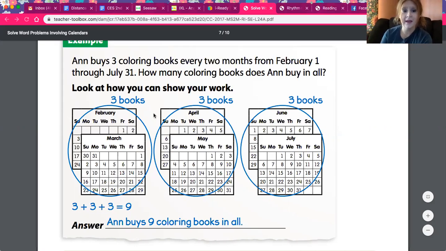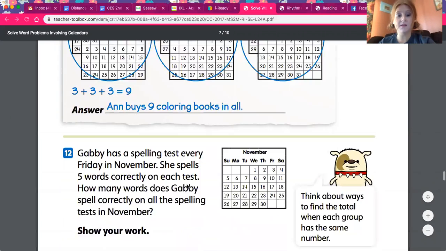Now we could skip count 3, 6, 9, or we can add 3 plus 3 plus 3 equals 9. So how many books did Anne buy in all? Anne buys 9 coloring books in all. She bought 9 coloring books from the beginning of February to the end of July, if she bought 3 every 2 months.